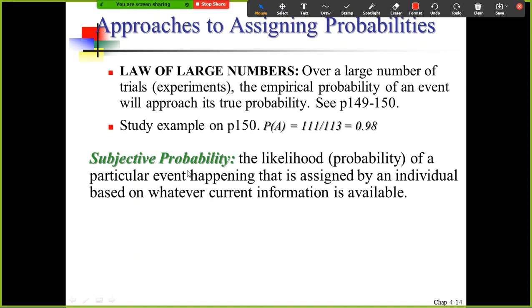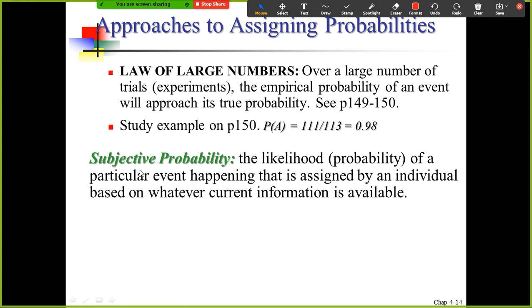Now, subjective probability is a technique we use to estimate the likelihood of one particular event happening that is assigned by an individual based on whatever current information is available.